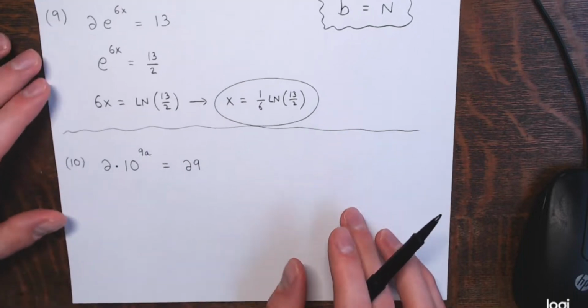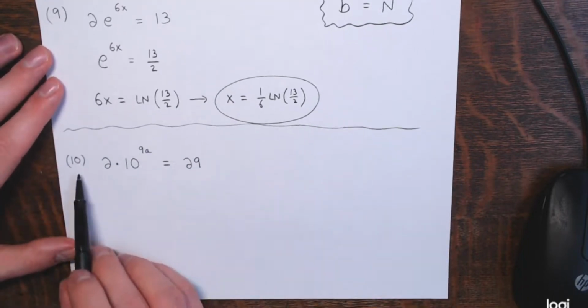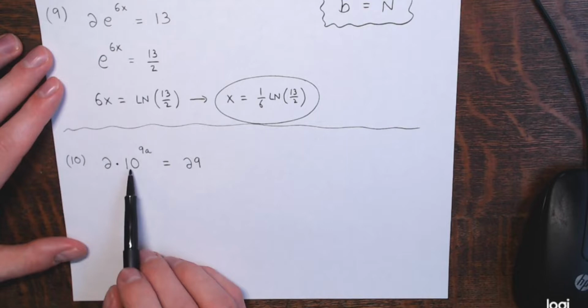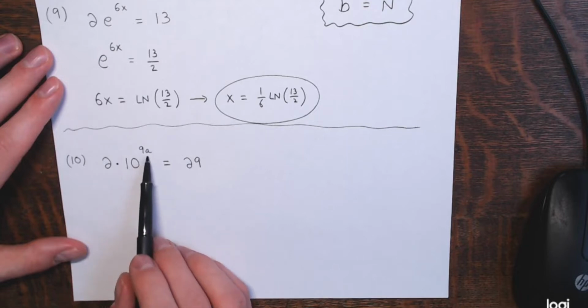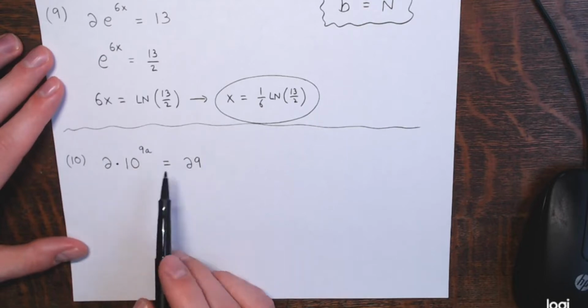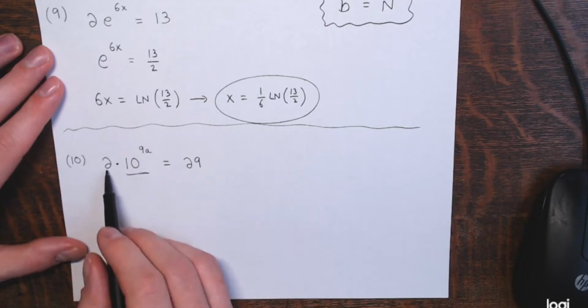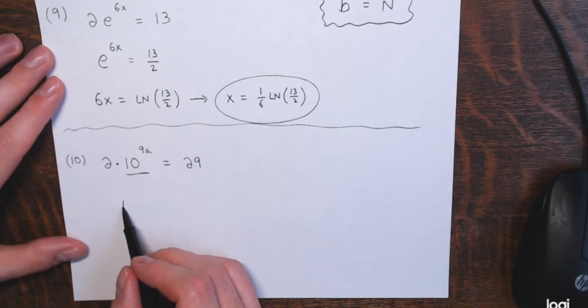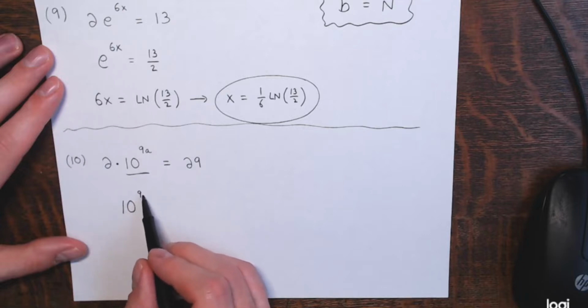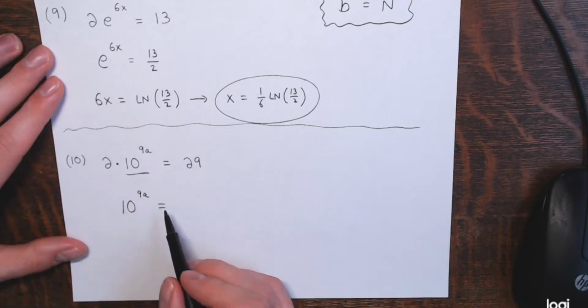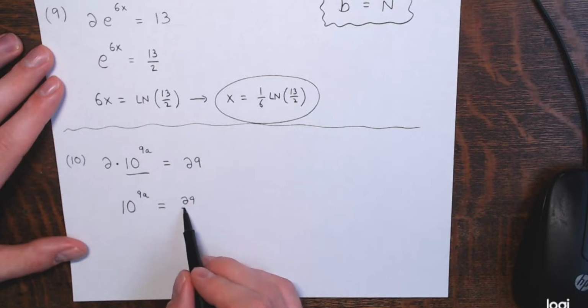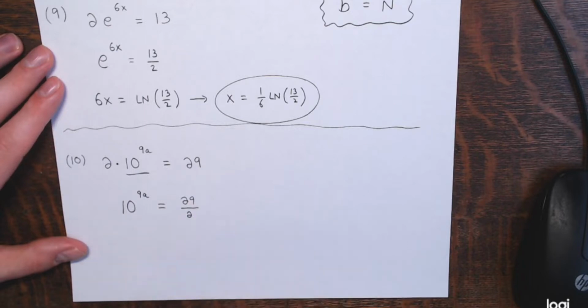Okay, something similar here. Number 10. We've got 2 times 10 to the 9a power equals 29. Once again, I want to get that base and variable power by itself, so all I need to do first is divide by 2. We have 10 to the 9a power equals 29 halves, or 14.5 if you want to write a decimal.